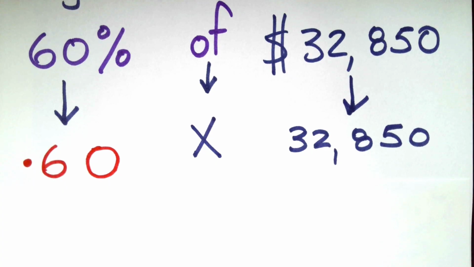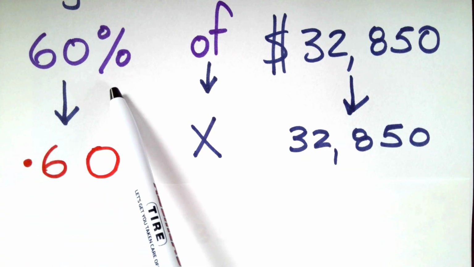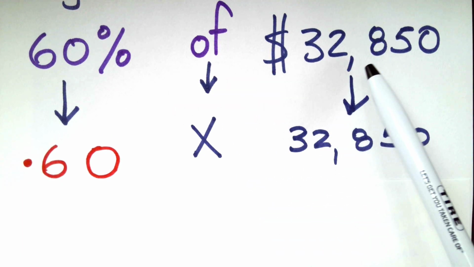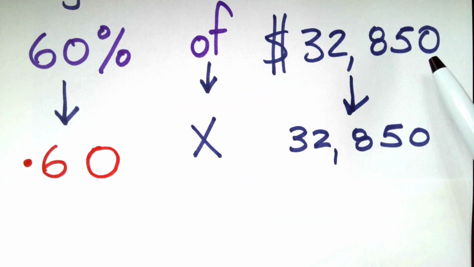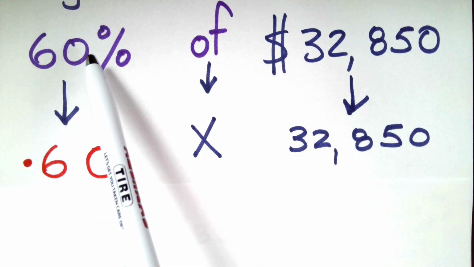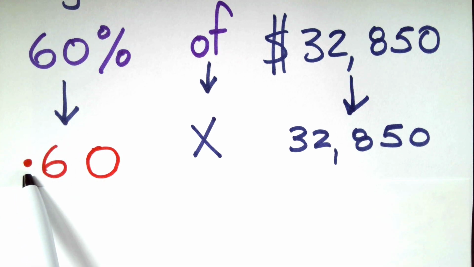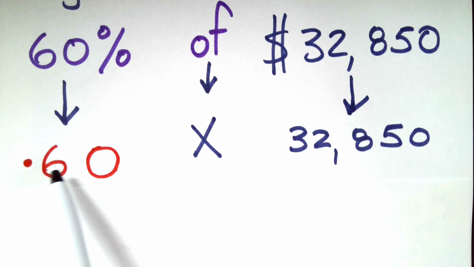Essentially we're going to take 60% off of the $32,850 price of the car. When you convert 60% to a decimal, you take the invisible decimal and move it twice to the left, and there you go: 0.60.